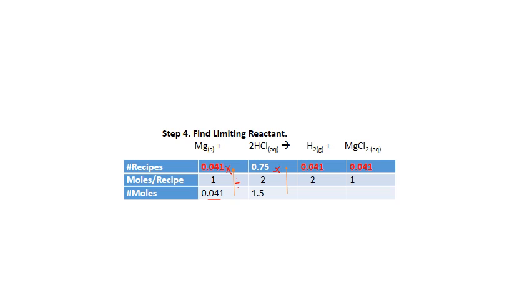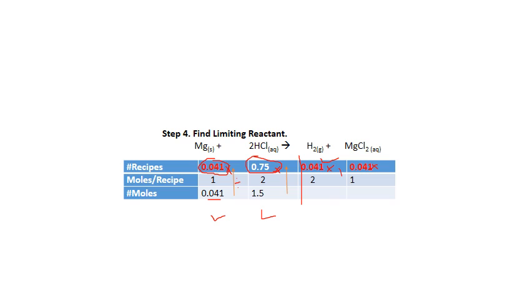Okay, and you get 0.041 for magnesium and it's 0.75 times with hydrochloric acid. So it's obvious that magnesium is going to run out before you run out of the hydrochloric acid. Okay, so this is how many times the reaction will take place with these quantities.